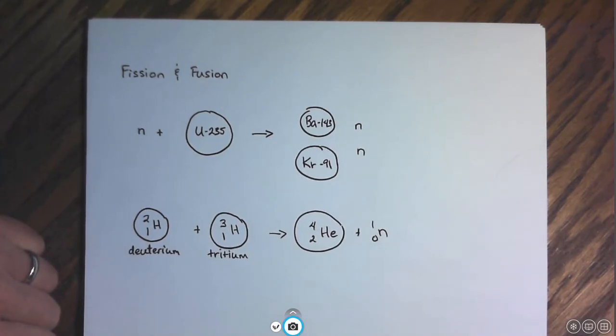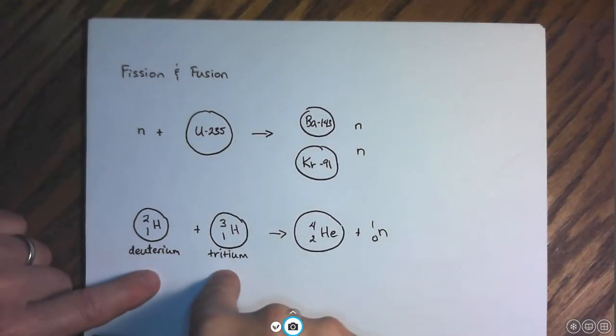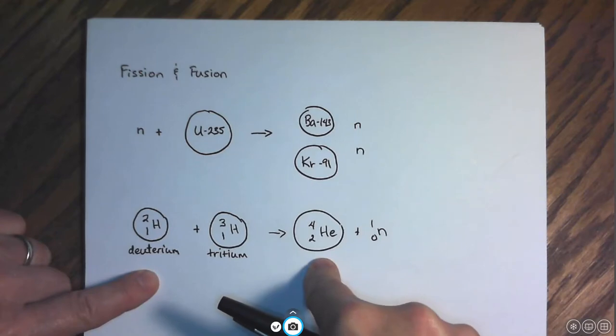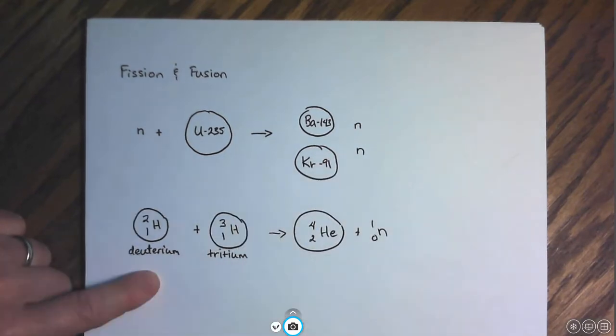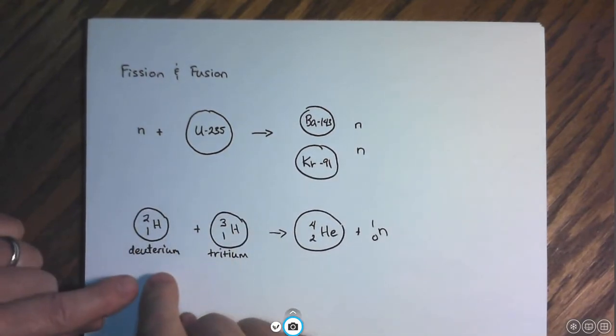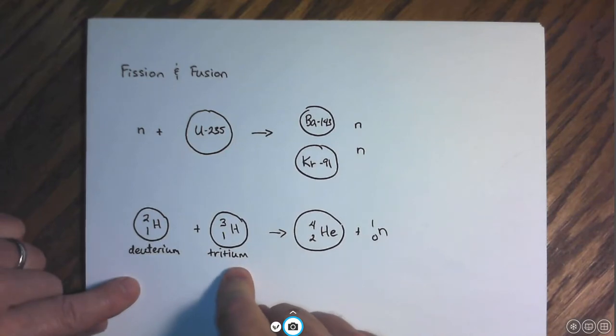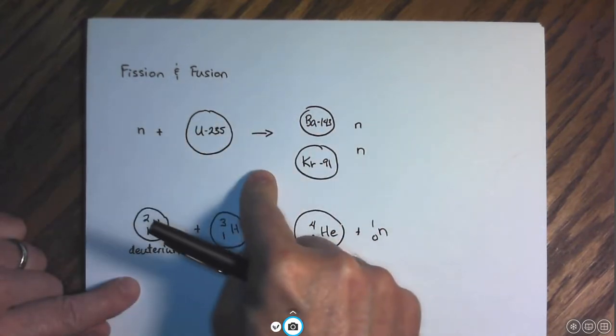So we can make helium? We can make it, but we can't control a fission reaction on a scale large enough to make this practical. But this creates a pile of power, way more power than you create with this.